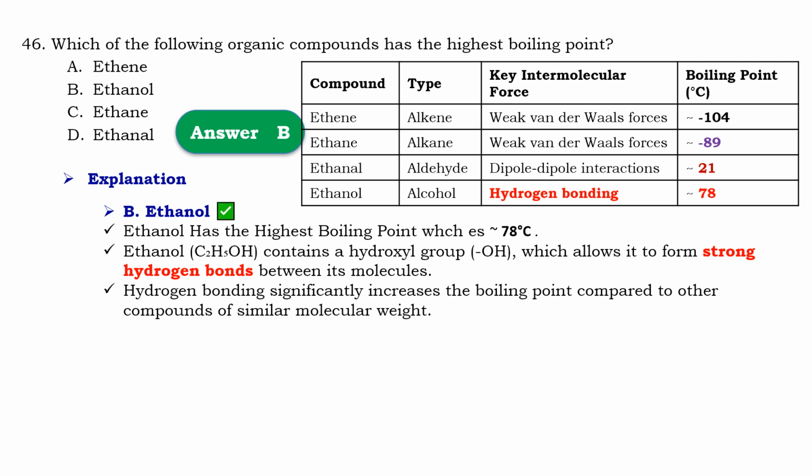So we can look at each one by one. For example, if we look at ethene, its boiling point is negative 100 degrees Celsius, which is very weak.